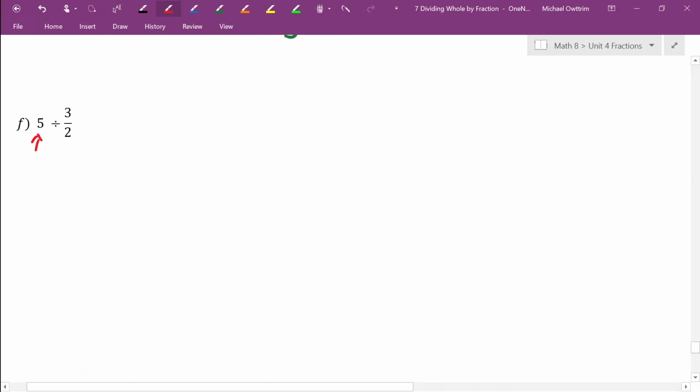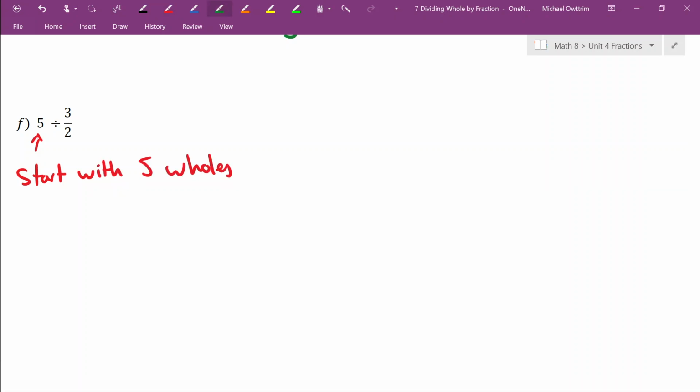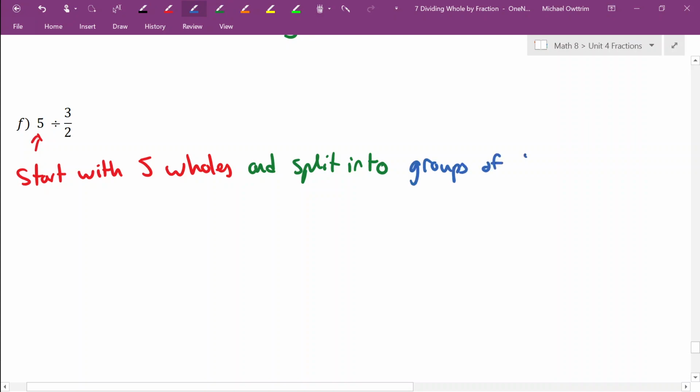We're going to start with 5 wholes, and we're going to split it into groups of 3 halves.